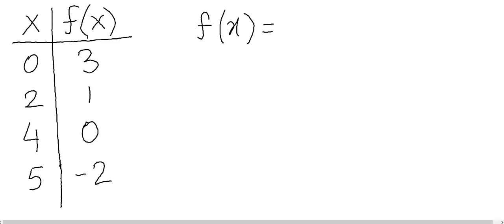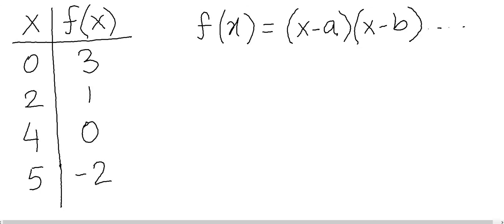So if, say, fx equals x minus a is one factor, you could have a second factor, x minus b, and you can continue to have factors of the polynomial function fx depending on that function.